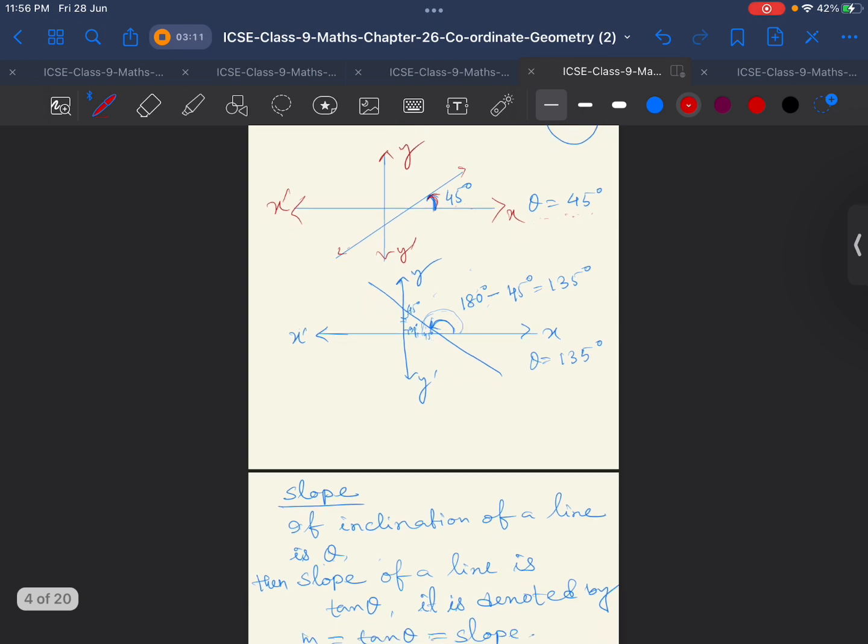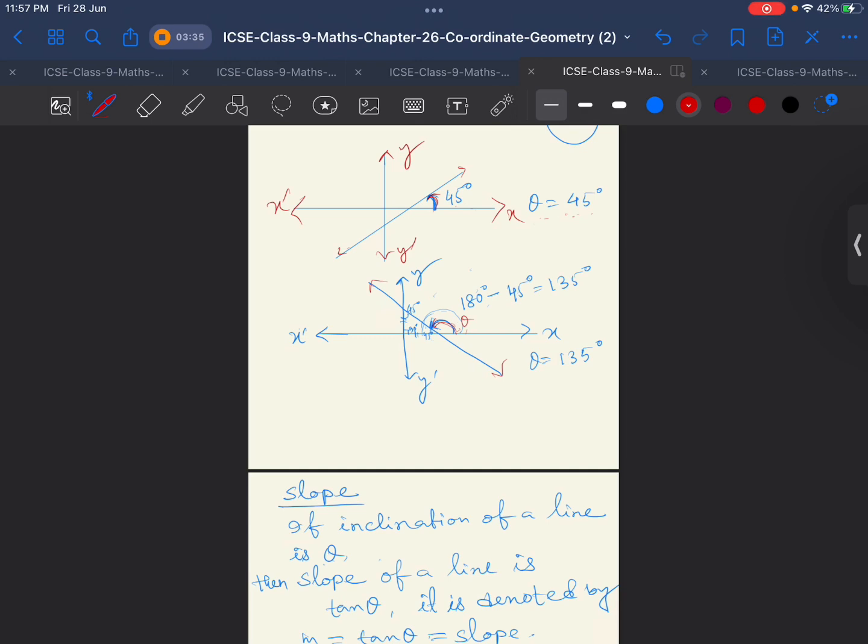So here let's take another example. This is a straight line. Here this straight line makes an angle theta, this is angle theta, with the positive direction of the x-axis, that is in the anti-clockwise direction of the x-axis. So this is theta.